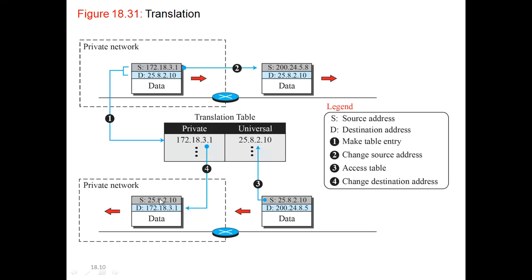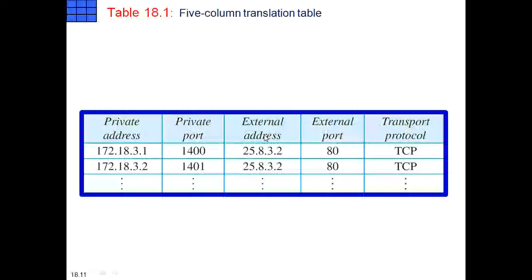So the conversion is done. 25.8.2.10, the universal address, should be changed to the private address here. So vice versa should be done. In this way, the translation of the source address to the destination address and back will be done between the private address and the universal address.